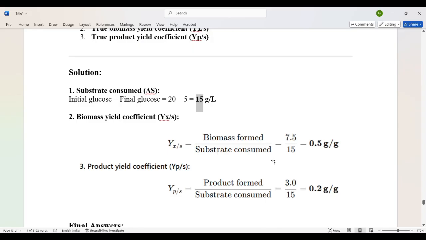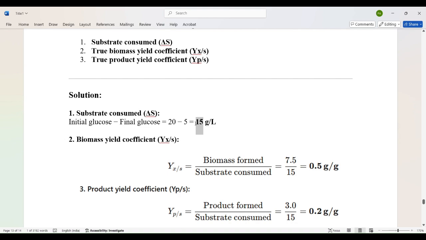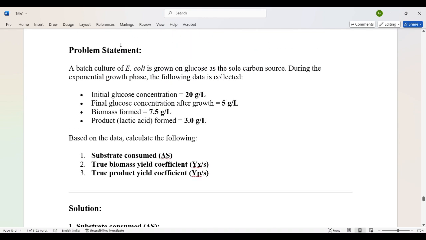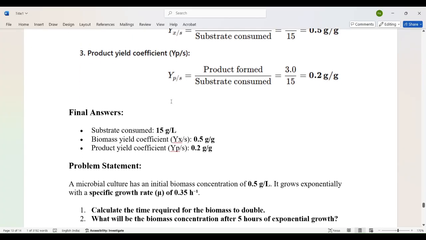So in 1 gram of substrate consumed, 0.5 grams of biomass is formed. So per gram of glucose, half a gram of E. coli bacteria is formed. Getting right?